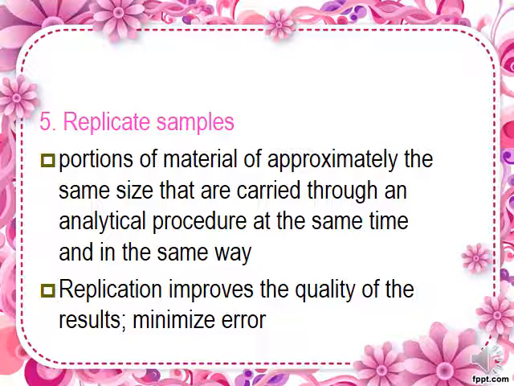Okay, because replication normally improves the quality of the results and also minimizes error. So if you want to analyze a river water sample, you must analyze it 3 times minimum. Okay, sample 1 you take 100 ml, for example. Sample 2 also 100 ml. Sample 3, replicate 3, also must be 100 ml. So the same mass, the same size, the same treatment.